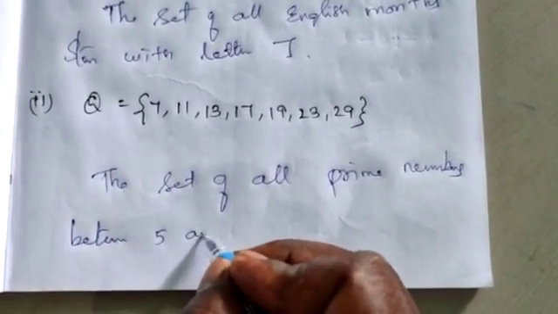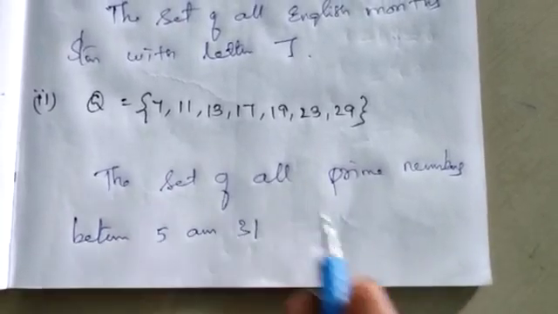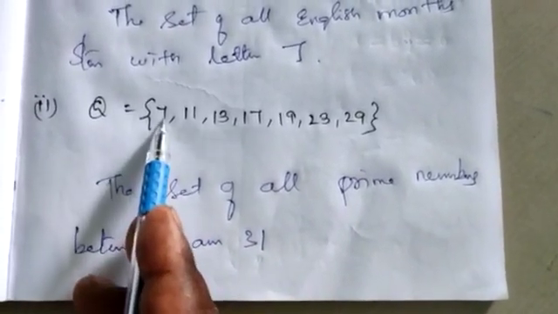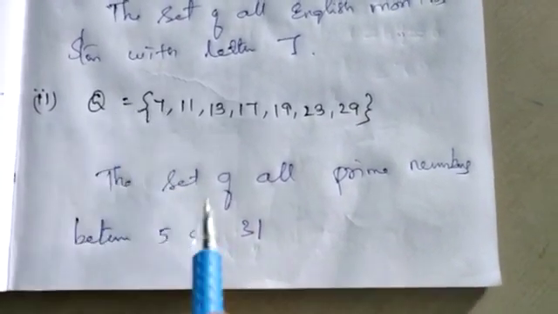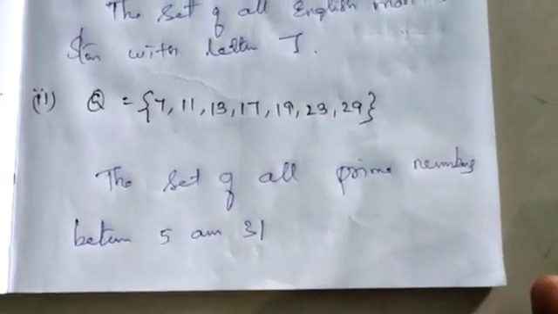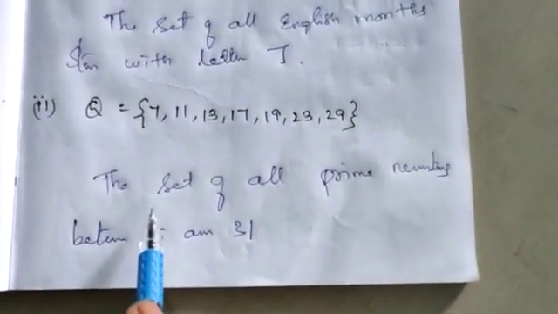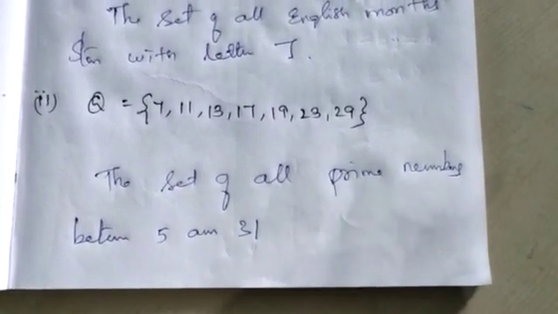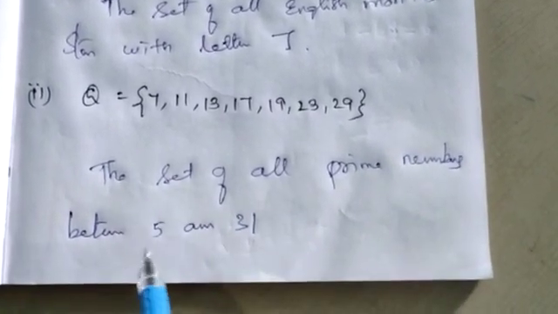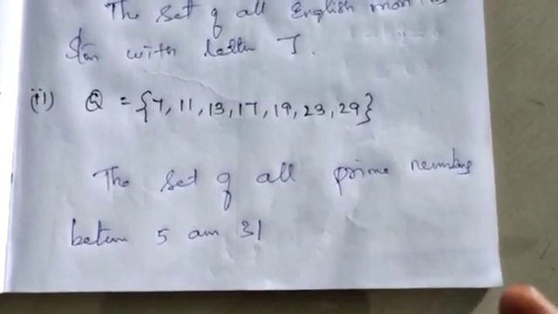The set of all prime numbers between 5 and 31.